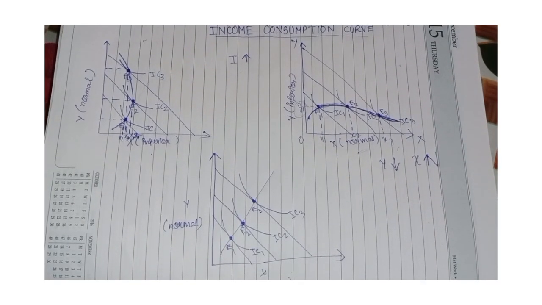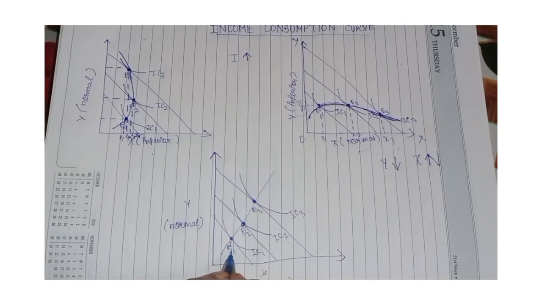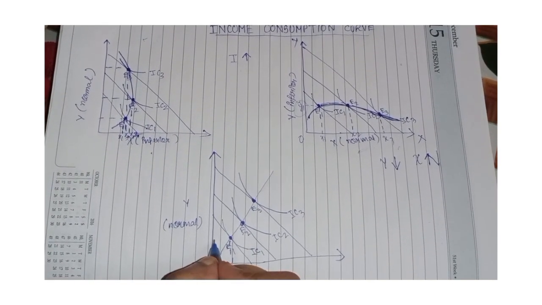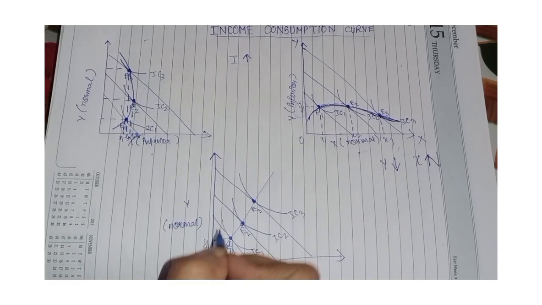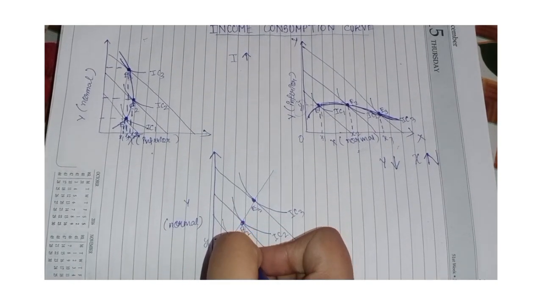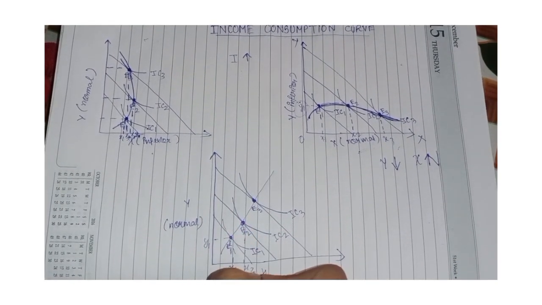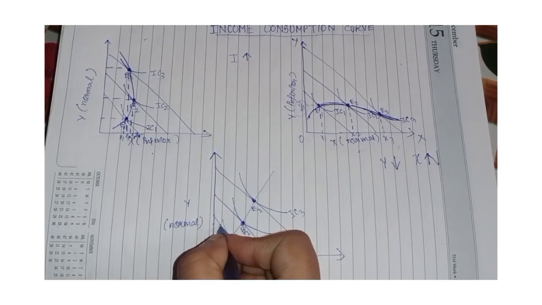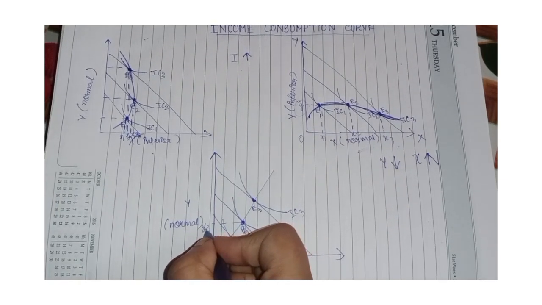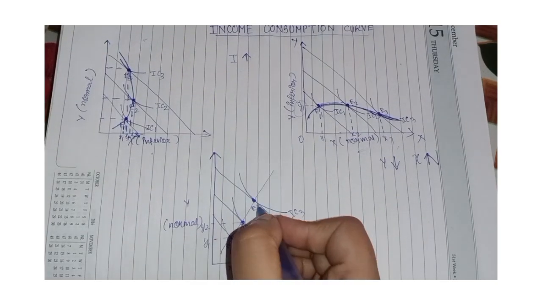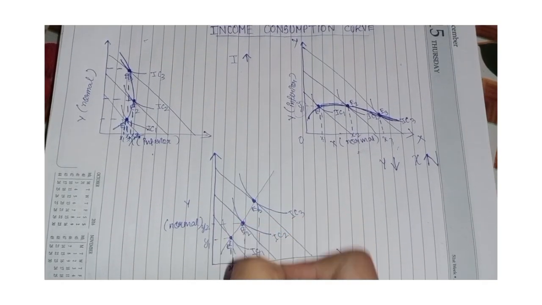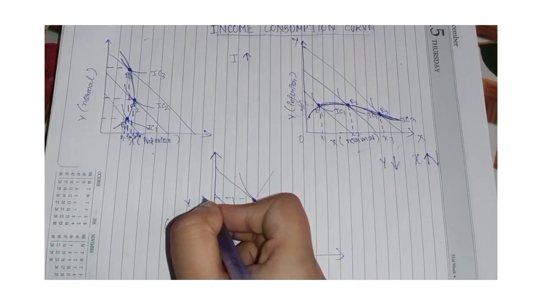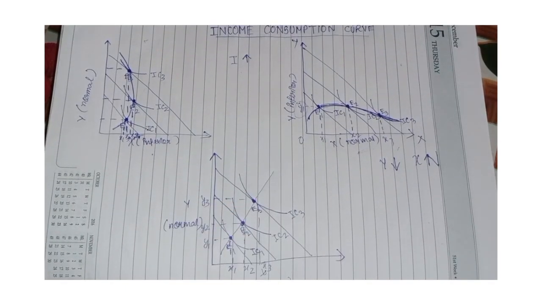Now in this one he is consuming this amount of X good and here it is this amount of Y good. Similarly at point E2 his consumption for X good is increasing, at the same time consumption for Y good is also increasing. Further at point E3 his consumption for X good is increasing, also the consumption for Y good is increasing, right?